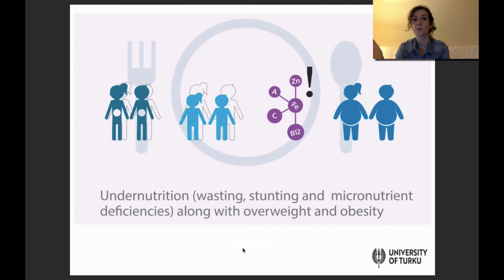So in a society we can have both people who are undernourished and people who are obese, but it can also happen at the individual level. So even an individual can have this double burden problem. One person can be overweight or obese and at the same time have micronutrient deficiency. This is becoming increasingly common, especially in some developing economies.